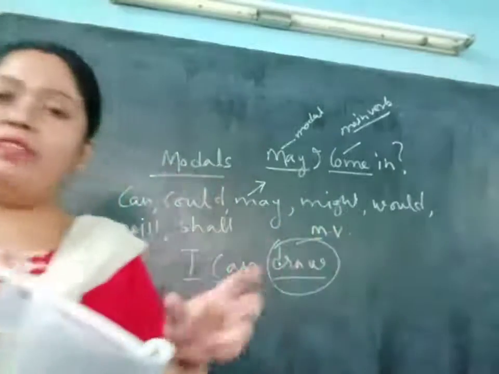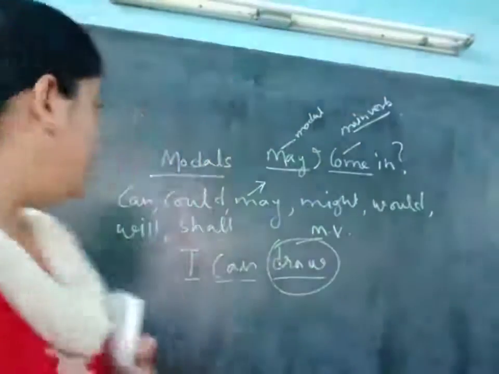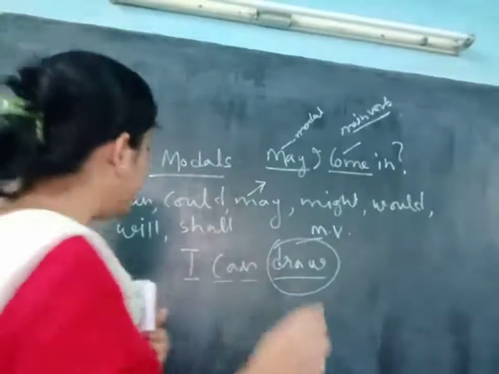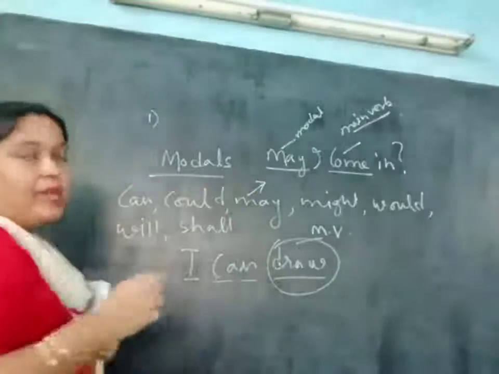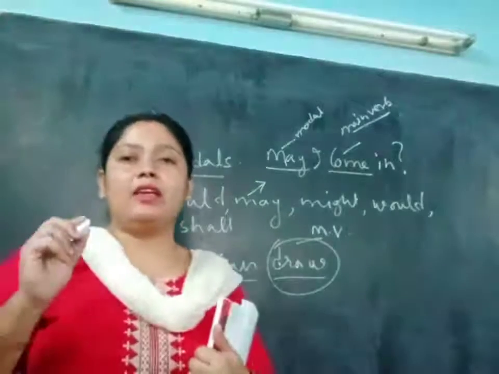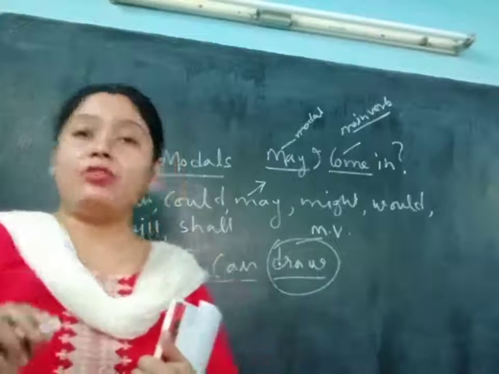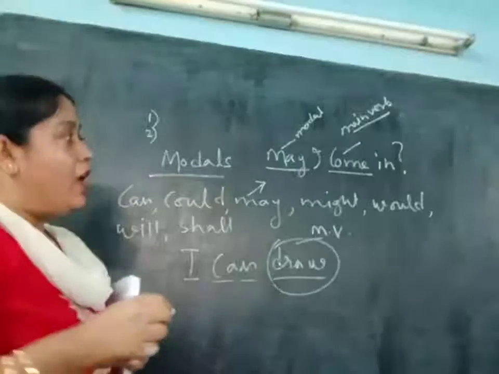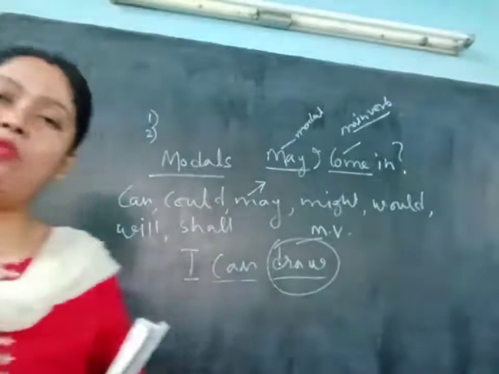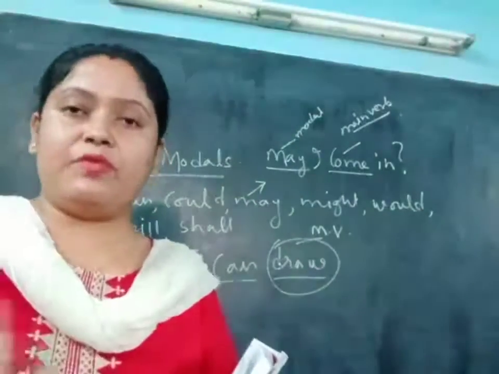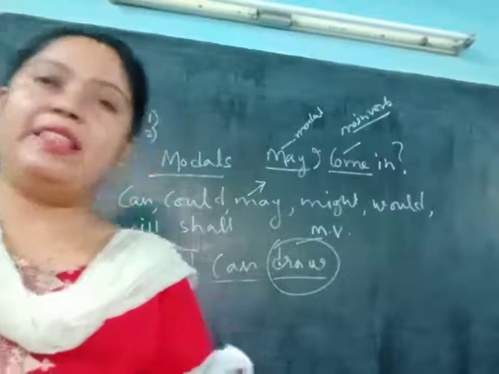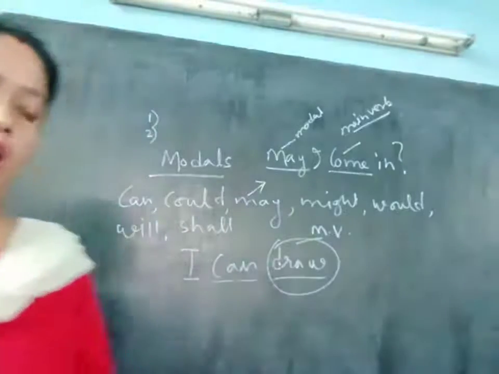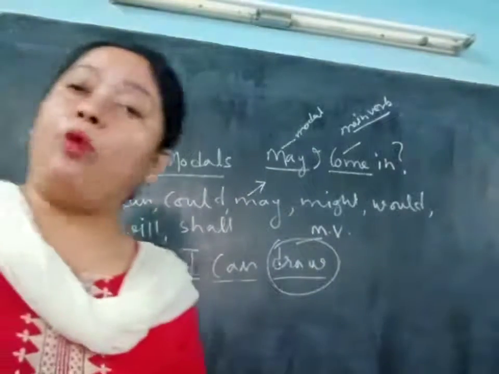Okay, so about these modal verbs, again I want to tell that two things you don't have to forget. Number one, modal verbs cannot sit without a main verb, and number two, we use modal verbs when we are expressing necessity, when we are taking permission, or when we are having some possibility.